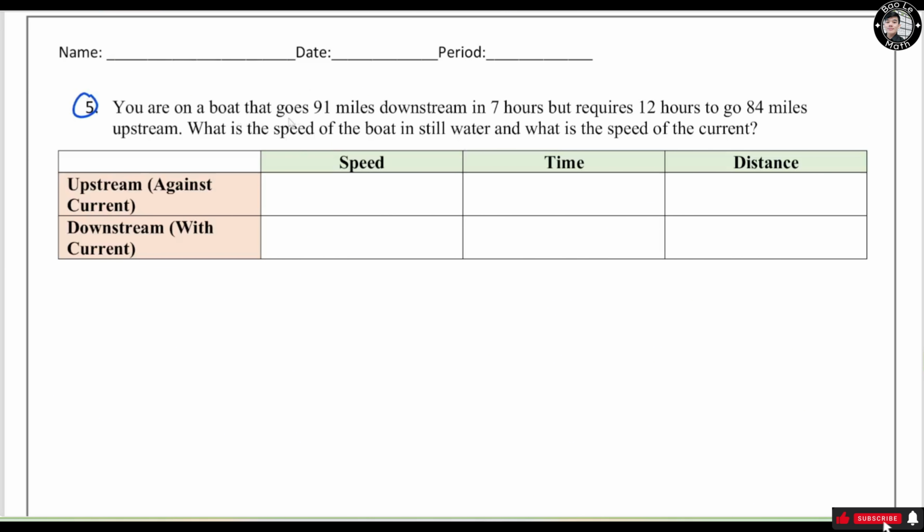You're on a boat that goes 91 miles downstream in 7 hours, but requires 12 hours to go 84 miles upstream. What is the speed of the boat in still water, and what is the speed of the current?